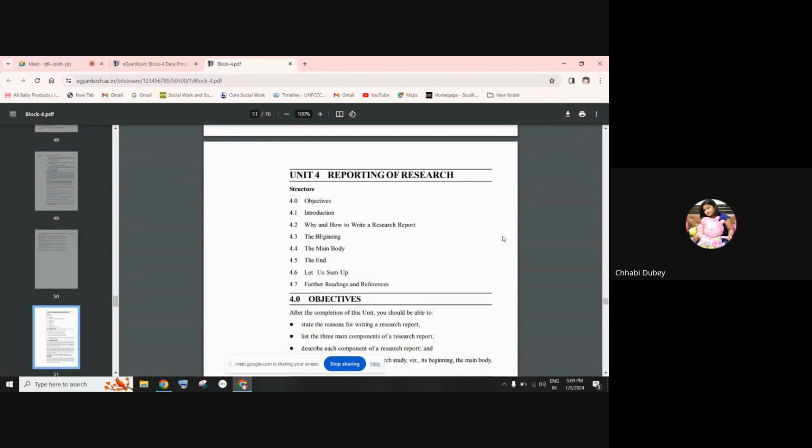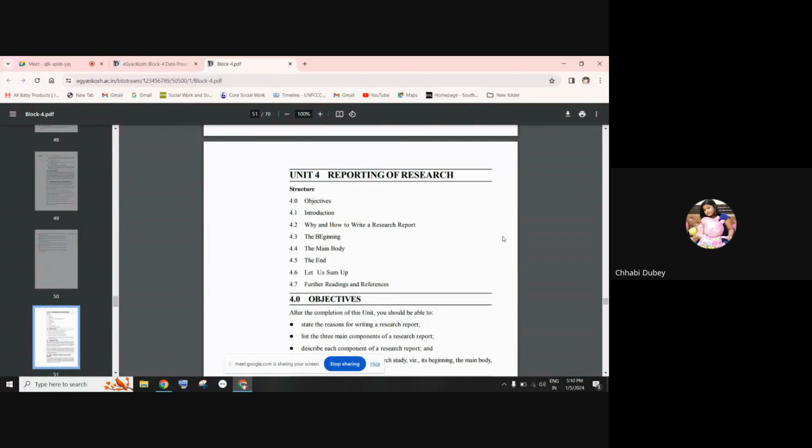Then we come to the final unit, which is the reporting of the research. Now, this is the most important part in the research, because whatever research we have carried out, whatever work has been done till now, the whole thing is going to depend upon the report of the research.